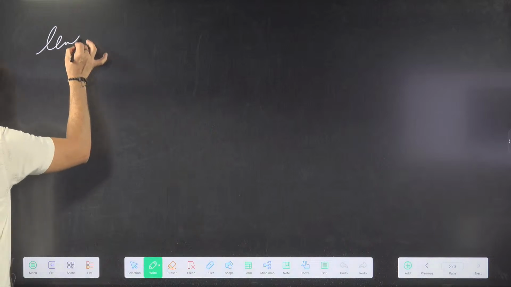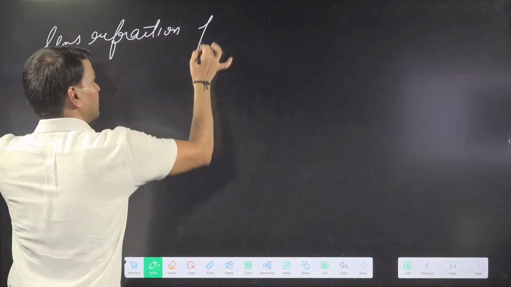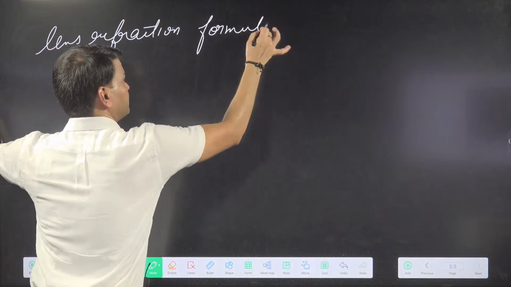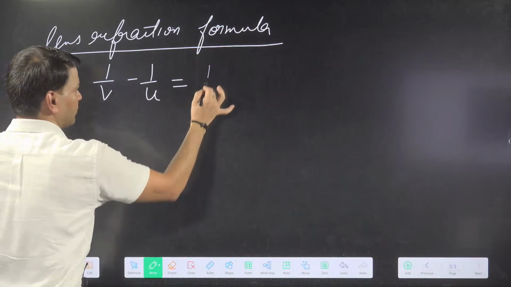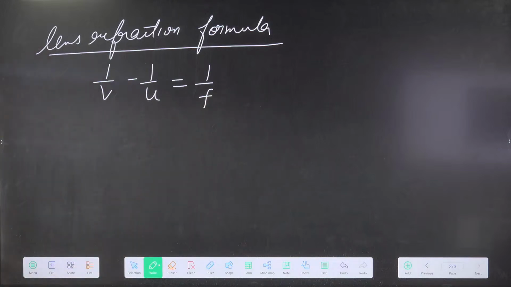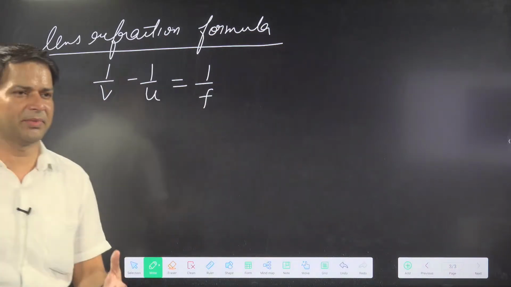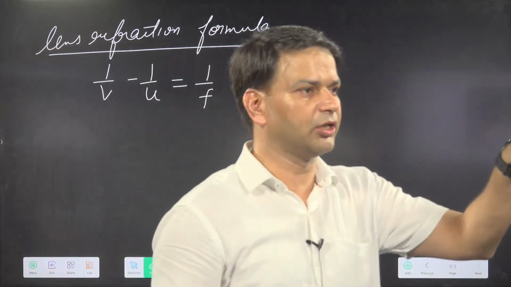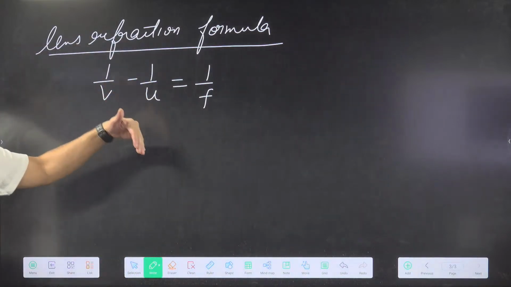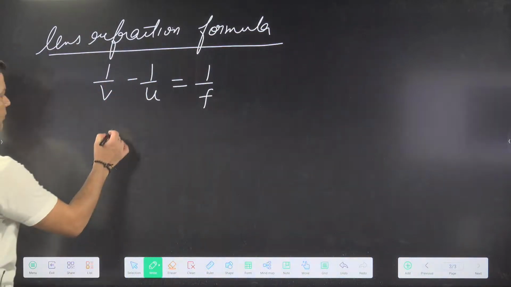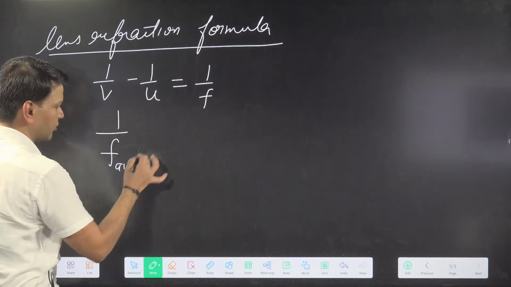Okay, lens formula, lens refraction formula. 1 by V minus 1 by U is equal to 1 by F. And if we know the object distance and image distance, we can directly use 1 by V minus 1 by U is equal to 1 by F. Another formula of the lens focal length we have learned, what? 1 by F in air is equal to what?